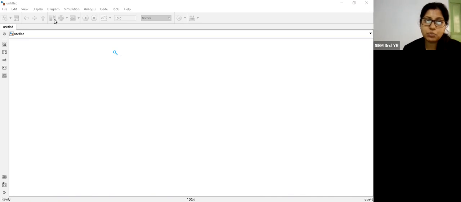So this is the Simulink library browser in MATLAB. There are various MATLAB versions available on the internet, but I suggest that you install the latest version, that is 2015, 2016, 17, 18, etc. Because otherwise, nowadays, whenever you connect to the internet on your laptop or desktop, MATLAB automatically wants to update.